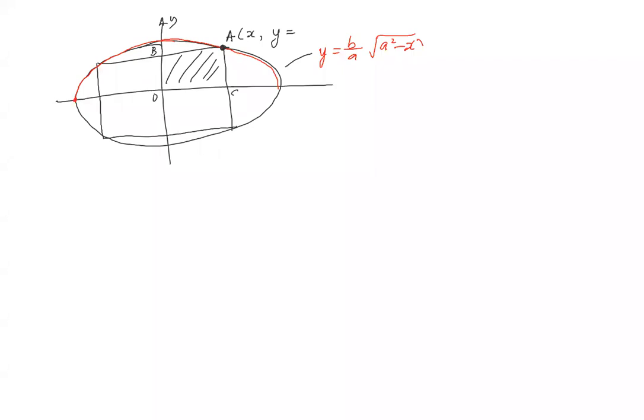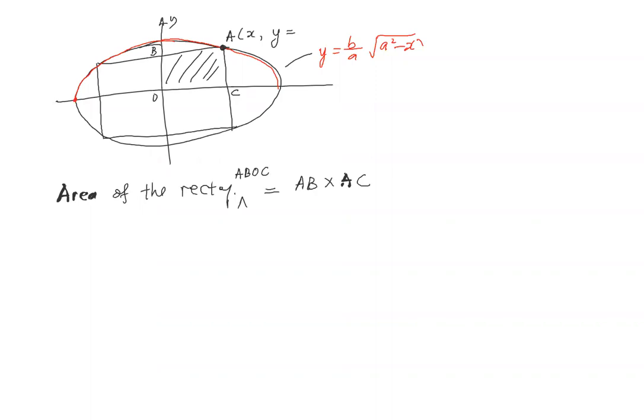Now I label the rectangle as A, B, O, C. If I want to know the area of the rectangle, it is AB times AC. So the big rectangle will be 4 times the area of rectangle ABOC, correct?